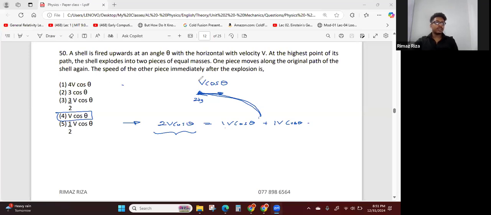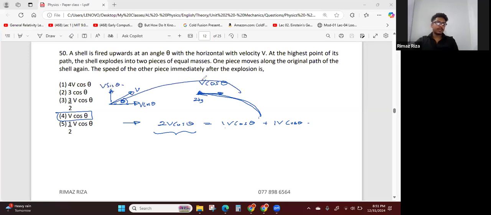The shell is fired with initial velocity V, making angle theta. So this component is V cos theta and this component is V sin theta.